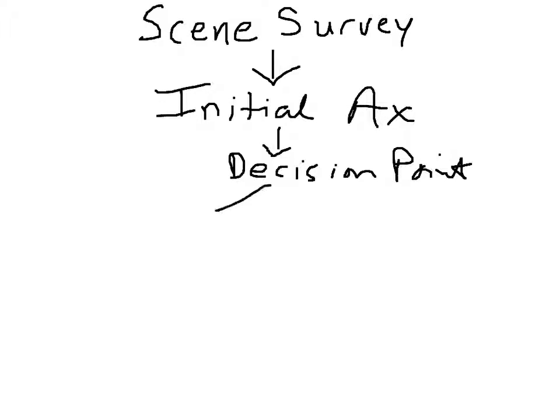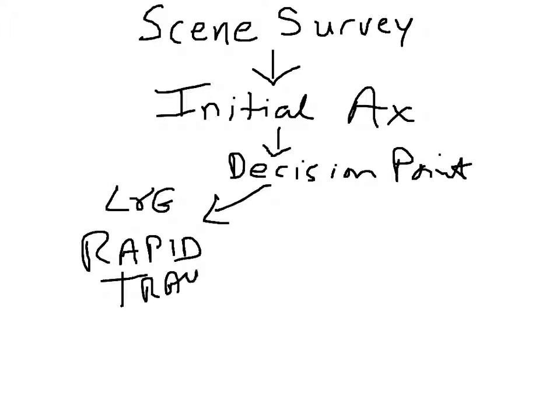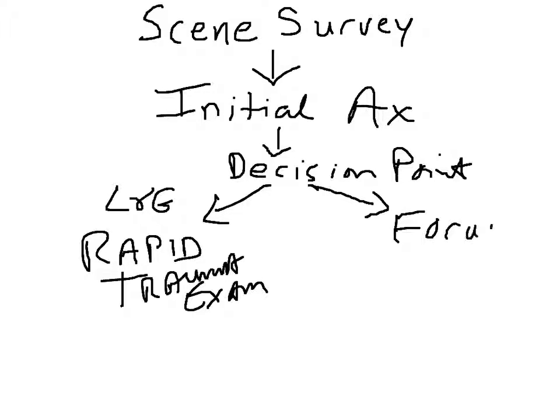So at the decision point then, we come over here with the load and go, and that person needs a rapid trauma exam. If he doesn't have a problem in initial assessment, then he goes this way and he gets a focused history and physical.